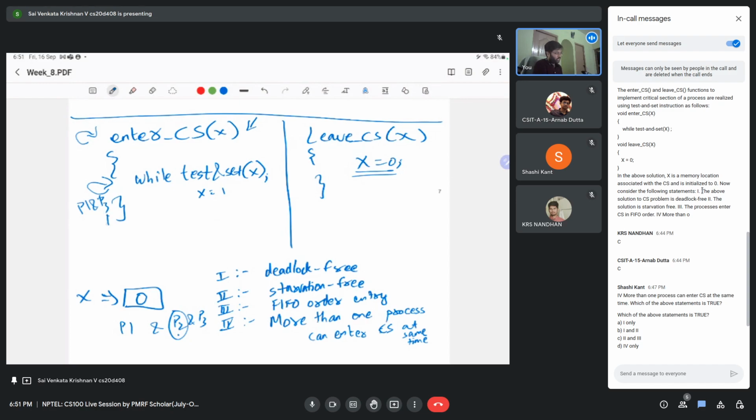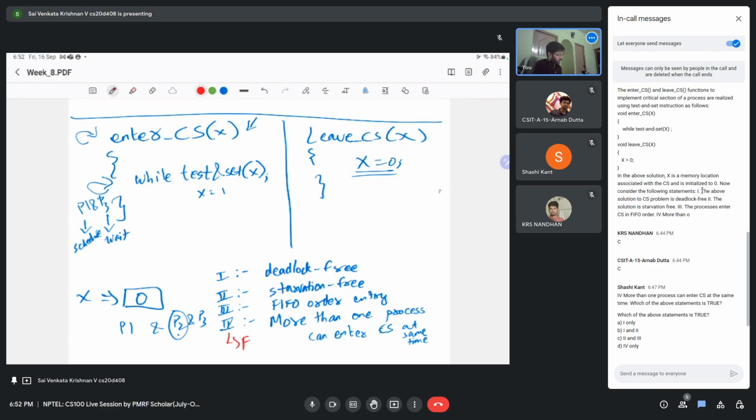Say if P3 is in waiting state and P1 gets scheduled, then P1 gets the chance to execute the while loop again when P2 leaves, and P1 will gain entry into the critical section. But for sure, based on this test and set condition, option 4 is false, right?